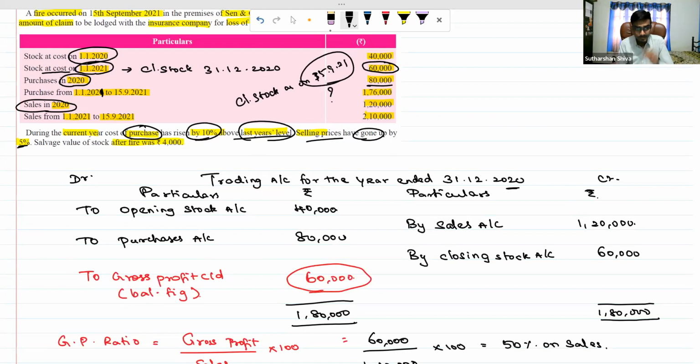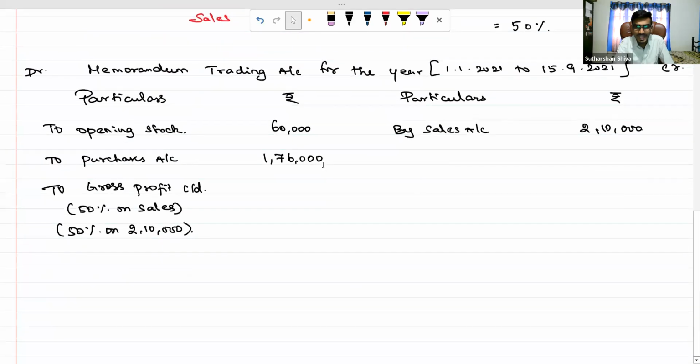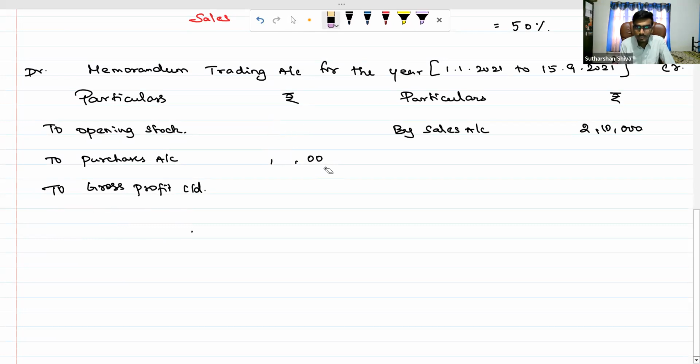So the selling price is increased and the purchase cost is also increased. Whenever that kind of situation arises, what do we need to do? We will keep this the same, there is no change in it. But we are going to create two columns.